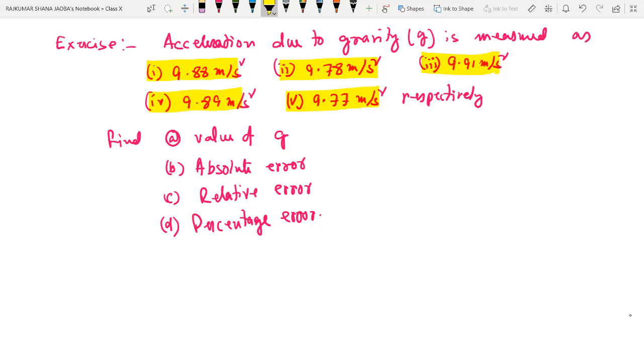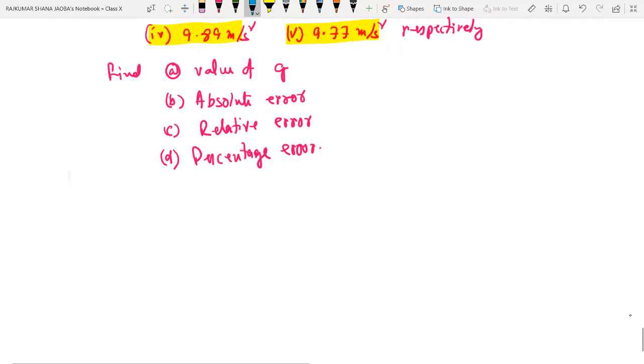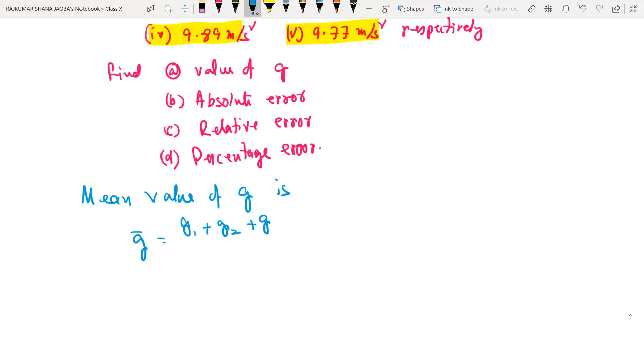Now, the mean value of g is g bar equal to g1 plus g2 plus g3 plus g4 plus g5 divided by 5.